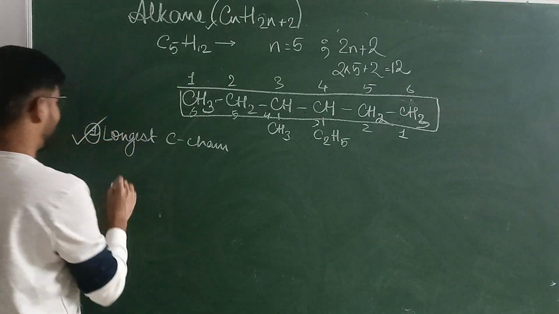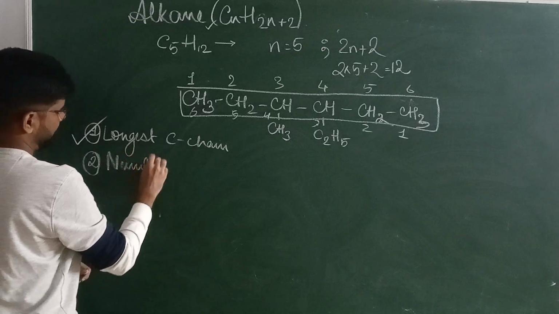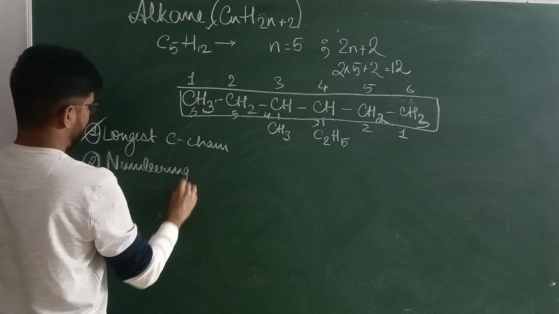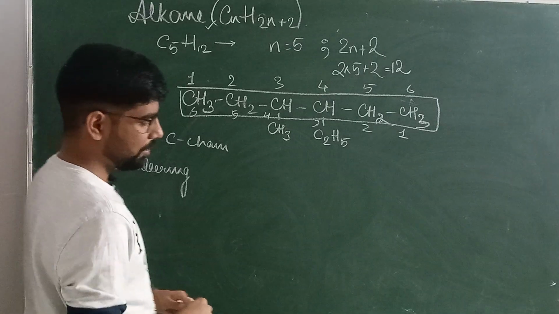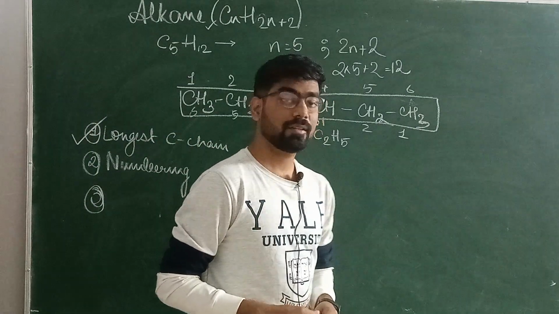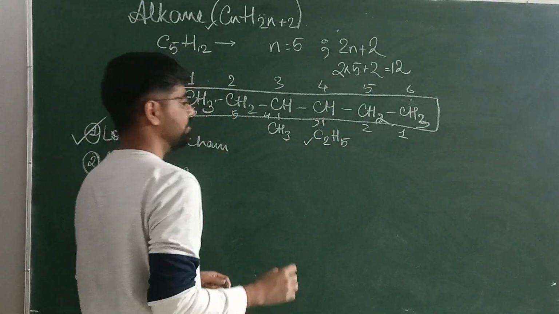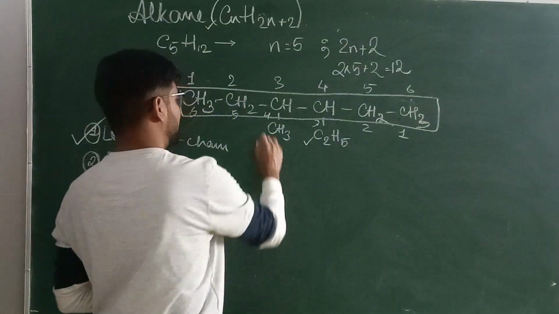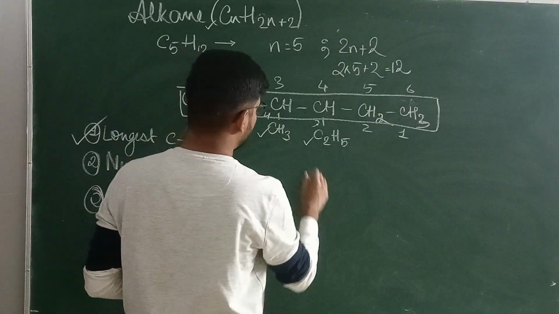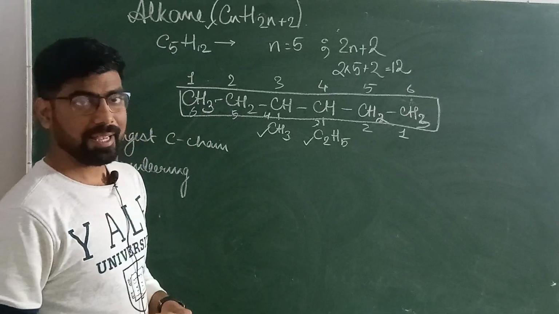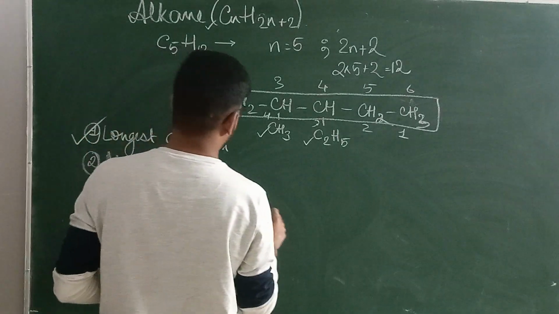Now numbering is done. And then we arrange the substituents in alphabetical order. So this group C2H5, what is this group? Ethyl, and CH3 is methyl. Now E comes before M. Clear about that? E comes before M.